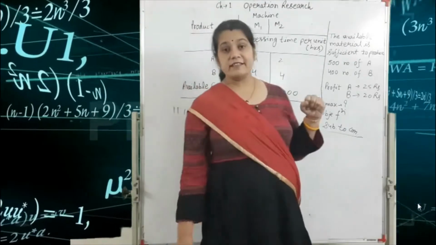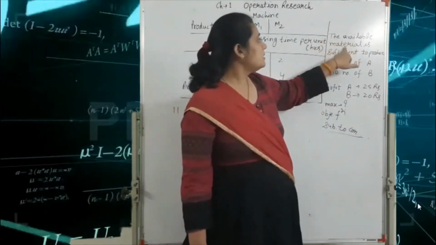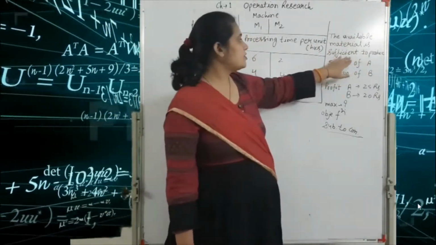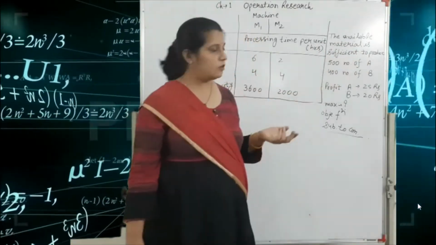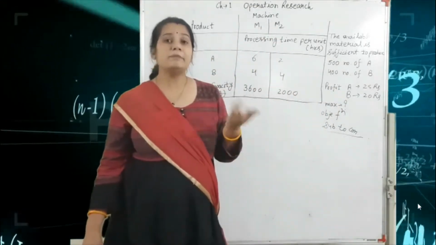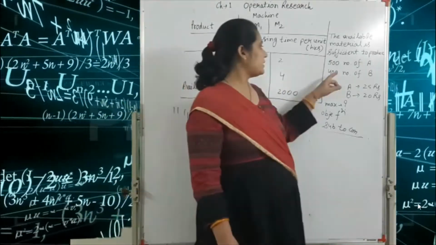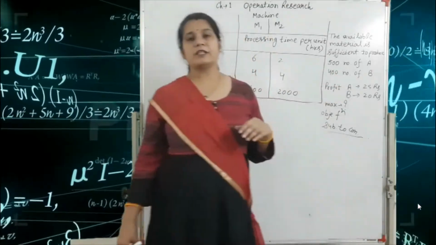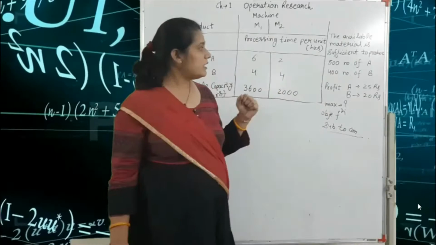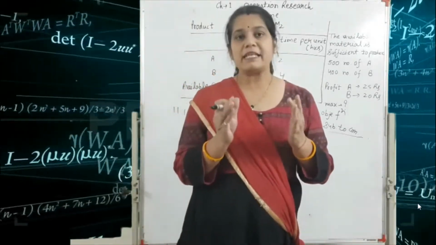After that, in this question some information is also given. The available material is sufficient to produce 500 units of product A and 400 units of product B. Here the available capacity means the maximum value.